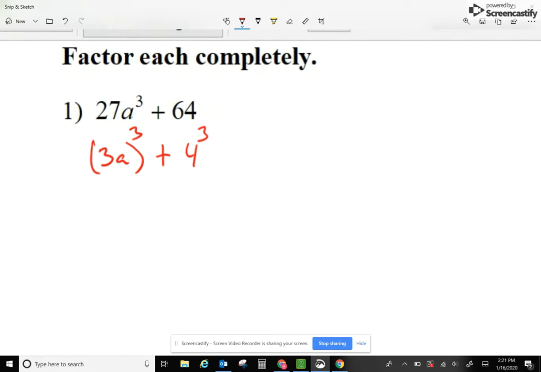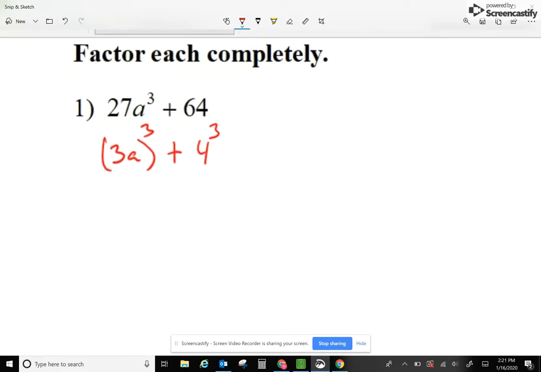Now, the way I'm going to be able to factor this, my first parenthesis is going to be 3a plus 4. You can see where I got my 3a plus 4. My second parenthesis, there's going to be 3 terms on that one. I'm going to use my first parenthesis, 3a.